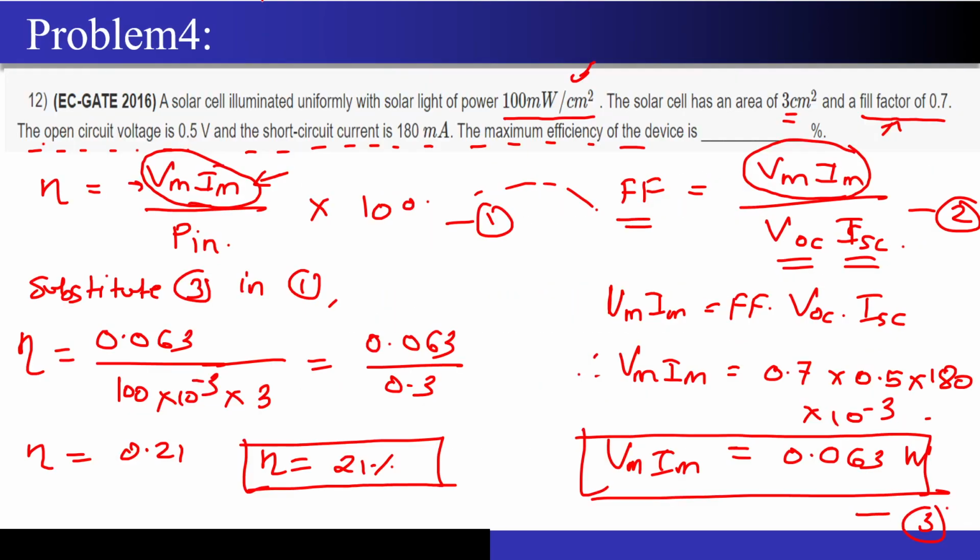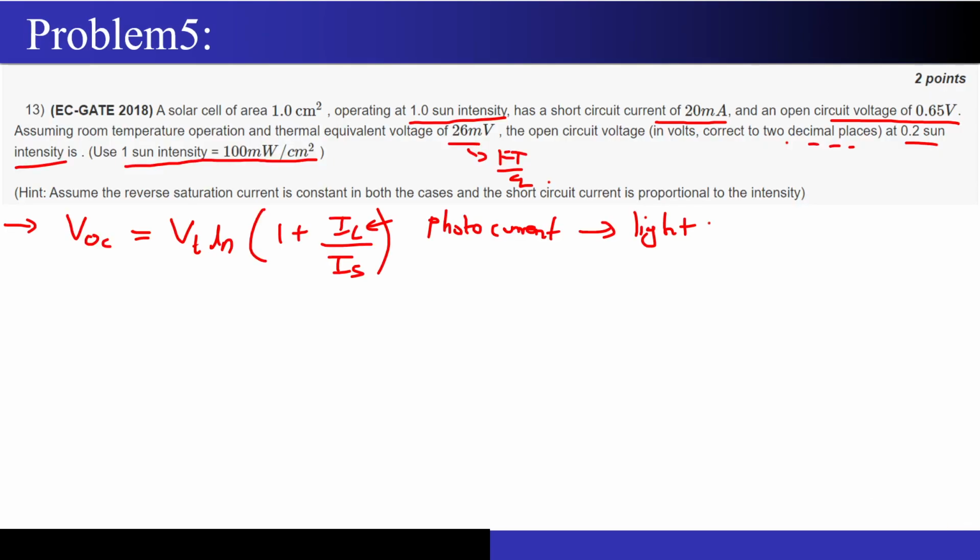So what I am trying to say is that this IL that you are seeing over here is directly proportional to the light intensity, correct? This is an intuition. How can I do this from the formula?